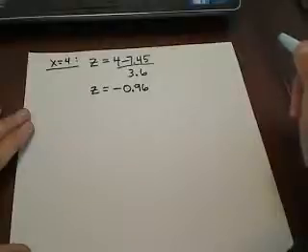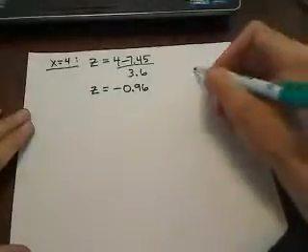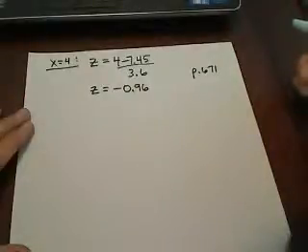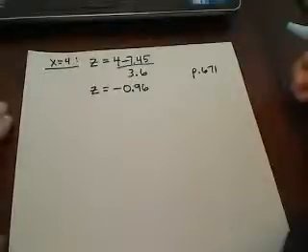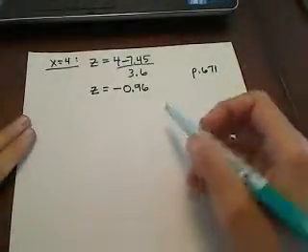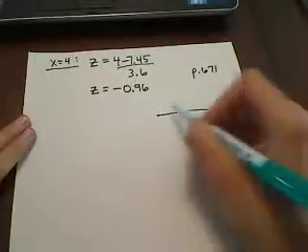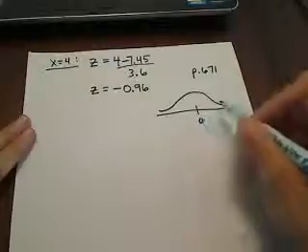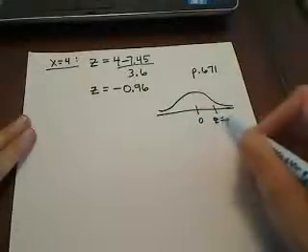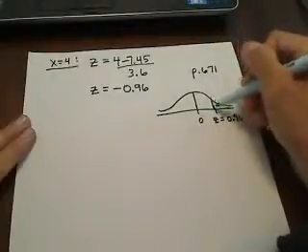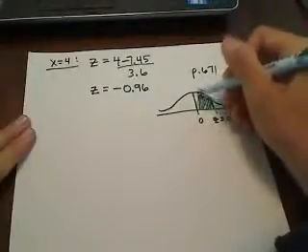Now the chart in our book, which is on page 671, only gives the positive z-scores. So if you're dealing with a negative z-score, you're actually going to have to think about what that means. So let me show you what I mean here. If I were to look on the chart on page 671 at a z of a positive 0.96, that would actually be giving me this area right here.